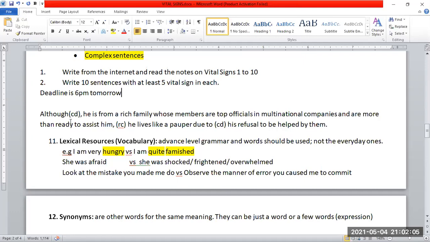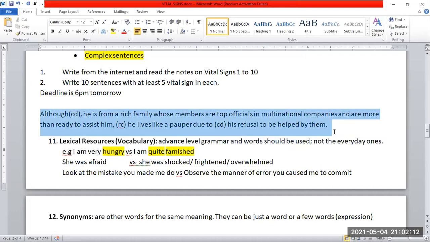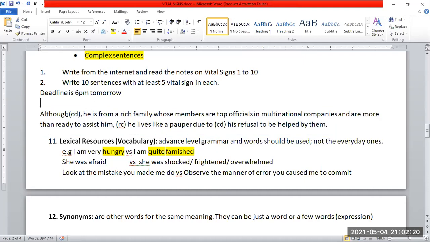All right. So now let's look at an example of question 2. You can see this is one sentence from the beginning to the end. The full stop is at the end. So we said, although he is from a rich family, we brought in a relative clause, whose members are top officials in multinational companies, and are more than ready, bringing comparison.